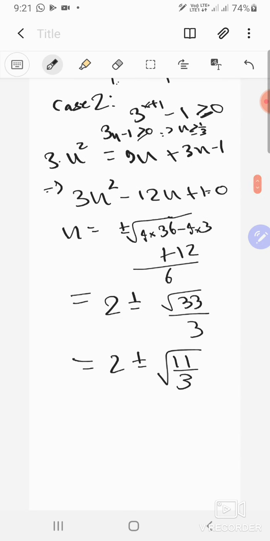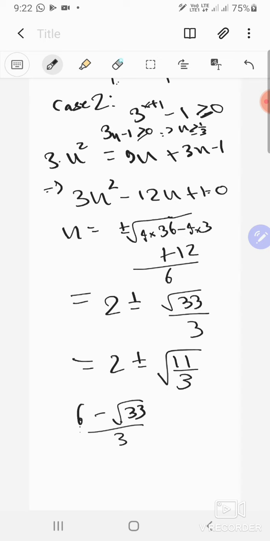It's like asking if 6 minus root 33 upon 3 is greater than 1 by 3, or if 6 minus root of 33 is greater than 1. Well, I do not think so. 6 minus root 33 is not greater than 1, because this is going to be 5 point something. So it does not work.